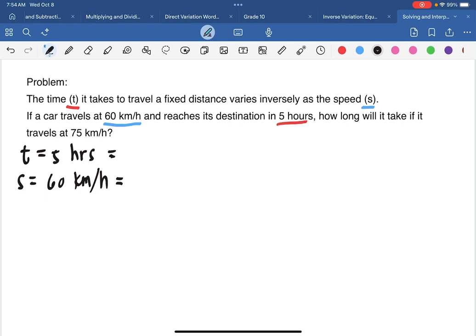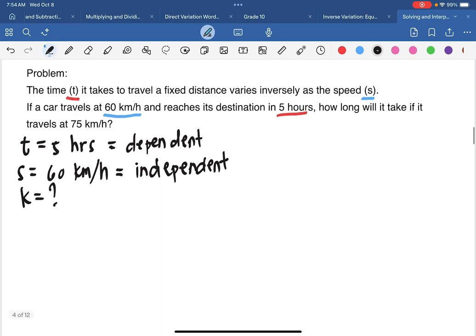First, let us remember that the time is dependent on the speed, on how fast or how slow a car travels. So basically, t is our dependent here, and the speed is our independent variable. This time, let us try to find k.